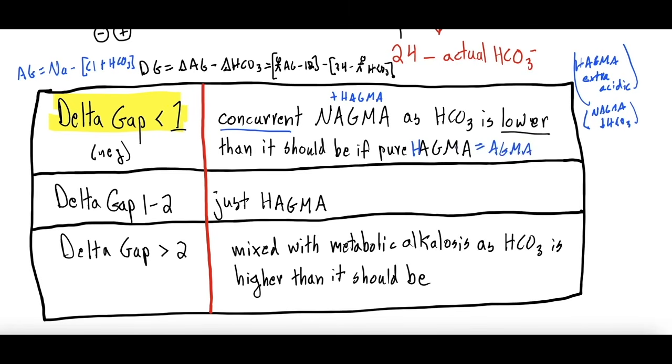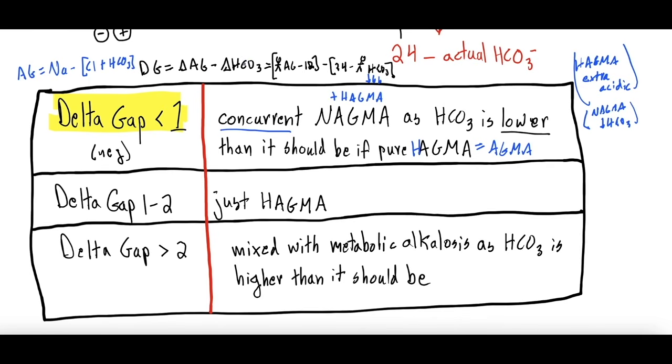They're just displayed differently. So if the delta gap is less than 1, it means that this bicarbonate value is much lower, right? Because 24 minus 12 is going to give you a higher number here, which is going to make this more negative.